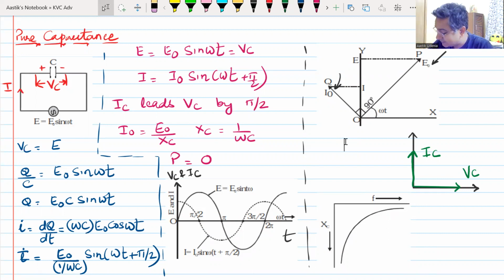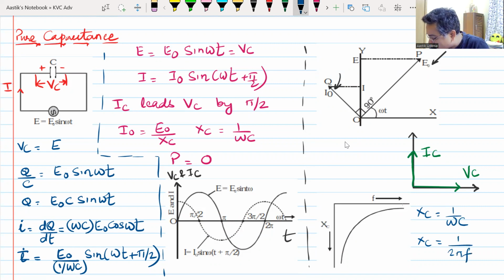Remember this XC is 1 by omega C, so it is inversely proportional to omega, inversely proportional to frequency, yes or no? For DC, the value of f is 0. That implies this becomes infinite. Do we understand this?